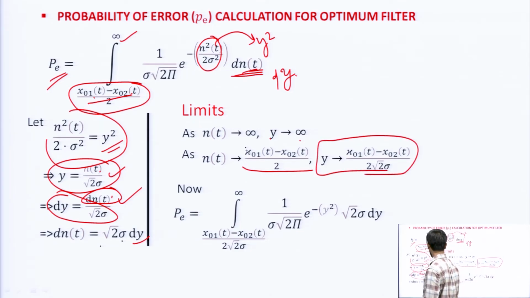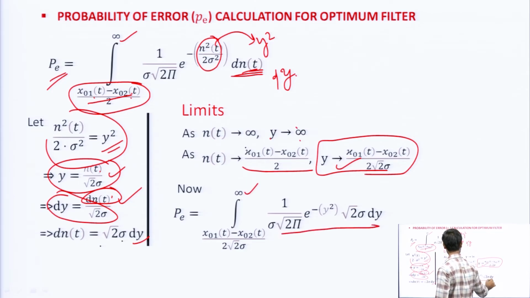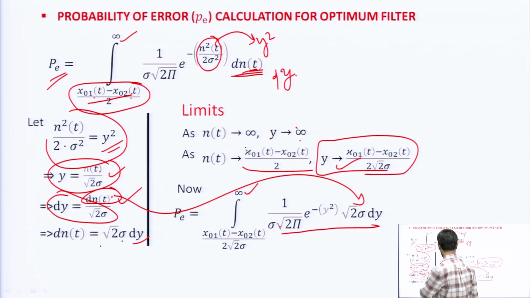Now the probability of error is this, with this limit.